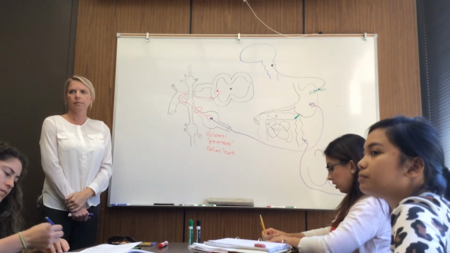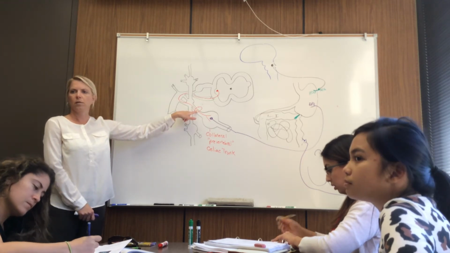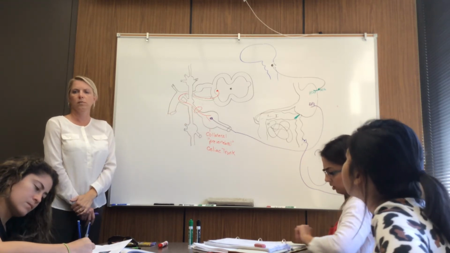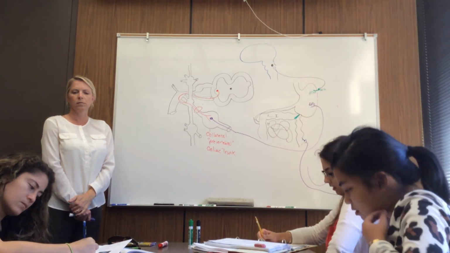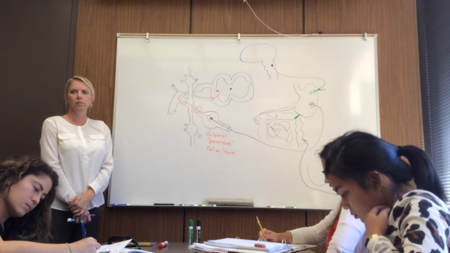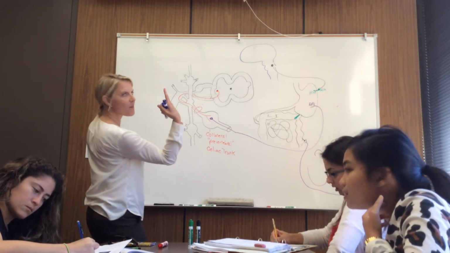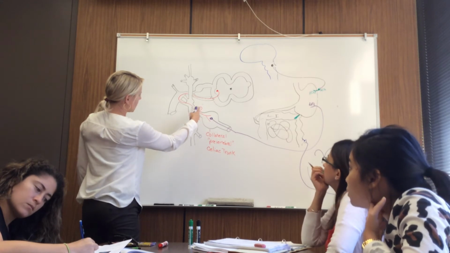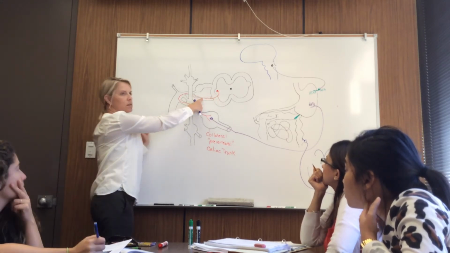Then why were we talking about that? Where the red is initially going, right there, this is a ventral root.